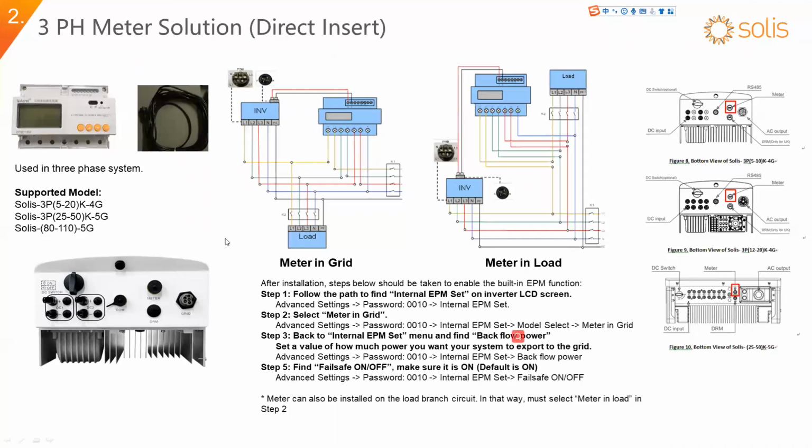One limitation may be that if you have this function turned on and your load consumption is very low, then your inverter may not start generating or may not generate at full power. Then you will waste some PV energy. But if you have a lot of consumption in your house or in your factory, then it will be totally fine.